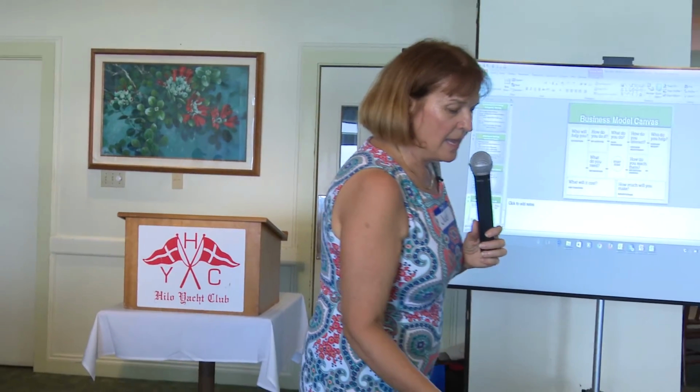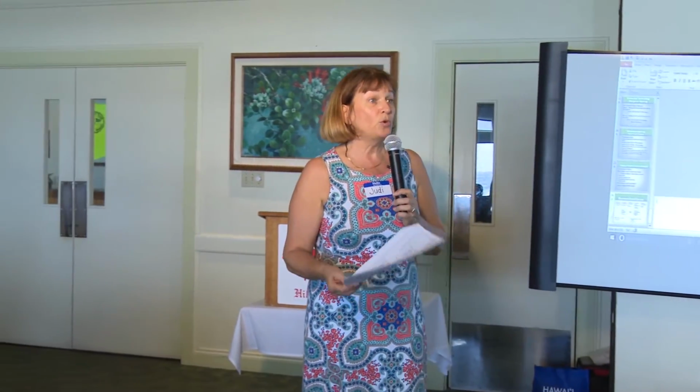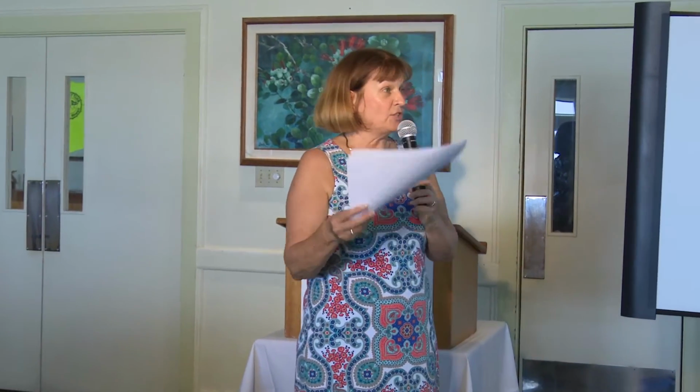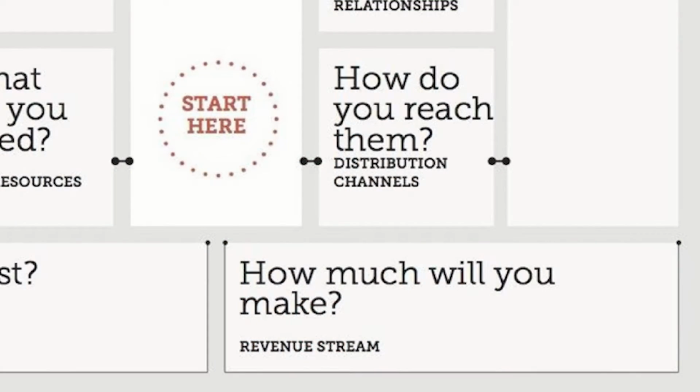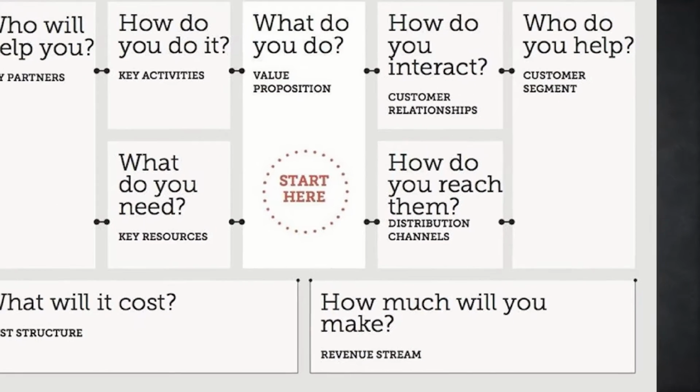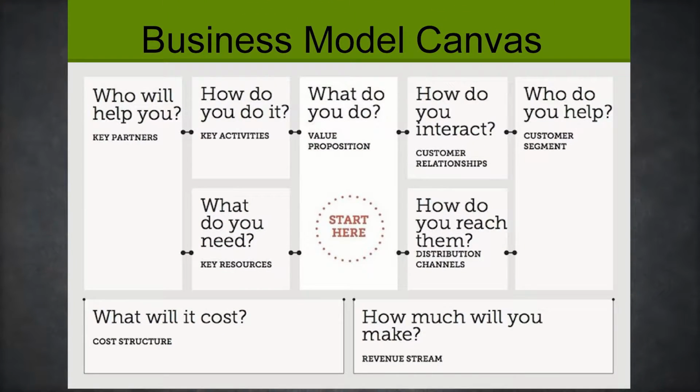That's your model, and you would work it through: what are my key connections, how do I interact with people, who are you selling that to, and so on, and then work out a rough sketch of the financials, the revenue streams down there on the bottom right corner, and then work through this on paper, go and talk to people, and see how it works through before you actually do it.